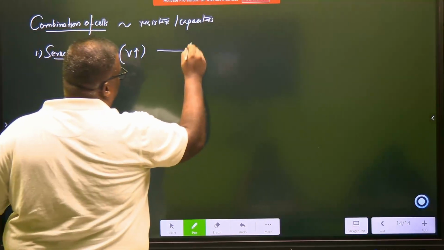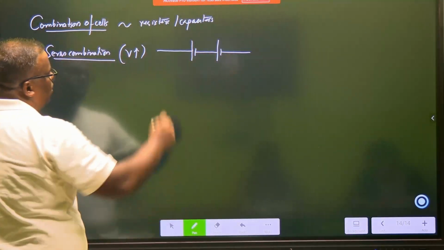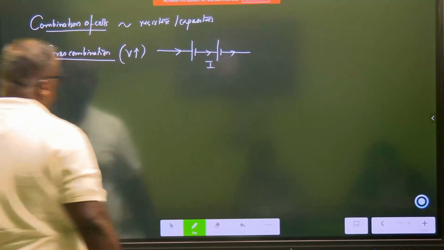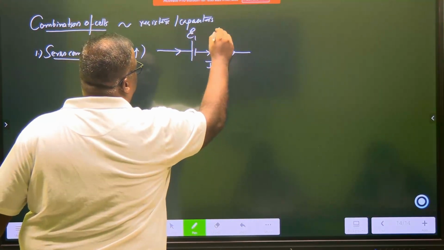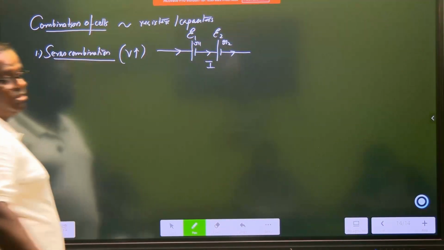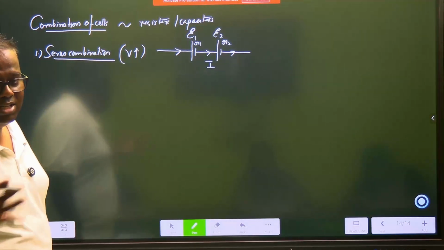So what is a series combination like? Like this. Current always flows in one direction. Let's say this is E1, this is E2 with R1, and this is R2. Got it? What is the equivalent cell?